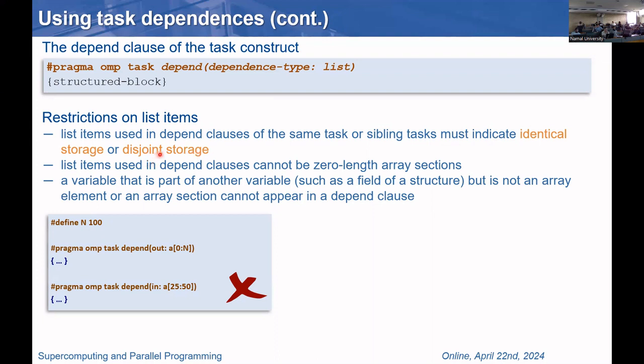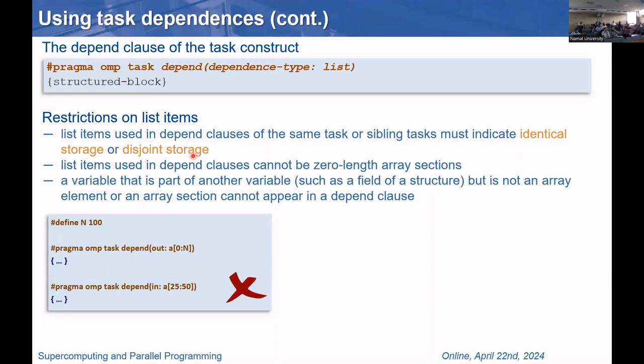Of course, for a generic use of task dependencies, we would like to have any storage indicated in the clause. But the problem is that implementing that as any storage is difficult, is very costly actually, okay? So at the committee, we prefer to say the programmer needs to identify which are the objects and refer always to the same type of object, okay?